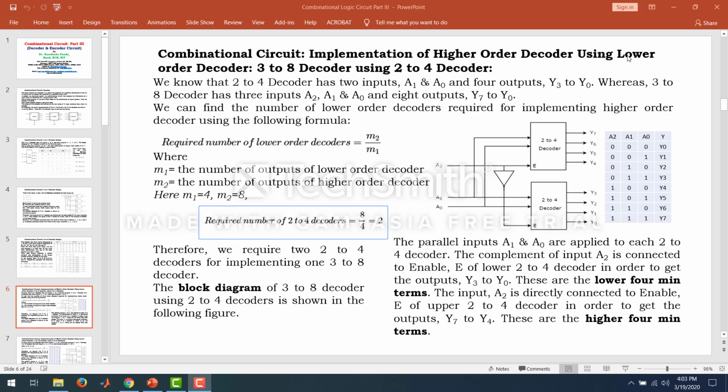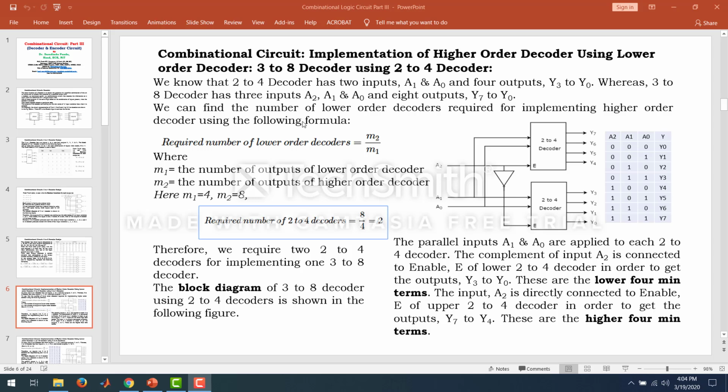Implementation of a higher order decoder using lower order decoders: the 3 to 8 decoder using 2 to 4 decoders. Now we know that the 2 to 4 decoder has two inputs A1 and A0, and the outputs Y0, Y1, Y2, Y3, so 4 outputs. Whereas the 3 to 8 decoder has inputs A2, A1 and A0, and 8 outputs Y7 to Y0.